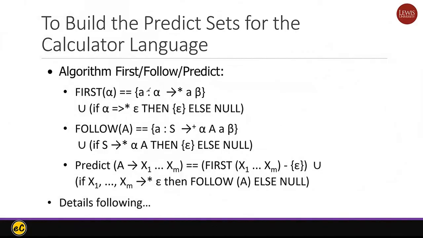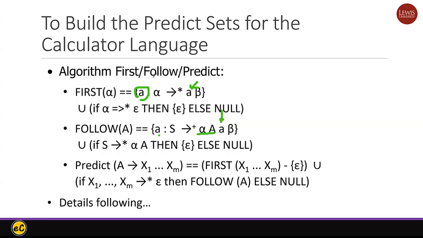Okay. So your first set of alpha is all of the first symbols that you will produce from the rule. Follow set means that you have a certain rule, and then after this current rule, what is the next symbol you may see?